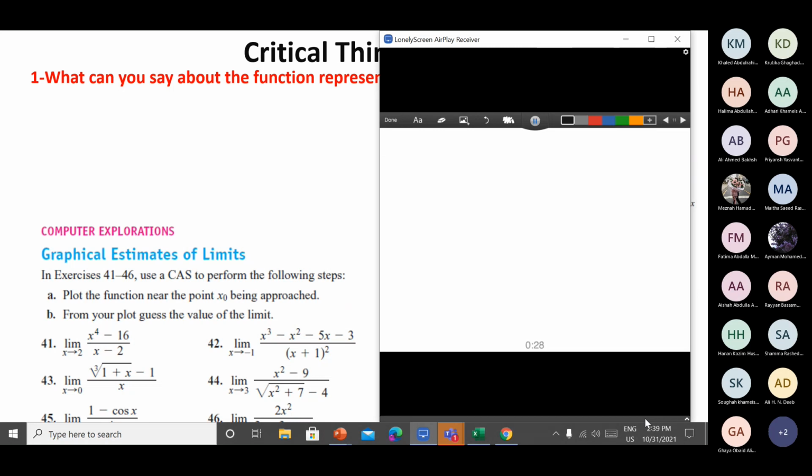He's asking you to find the limit. This is exercise number 41. Limit when x tends to 2 for the function x to the power 4 minus 16 over x minus 2.